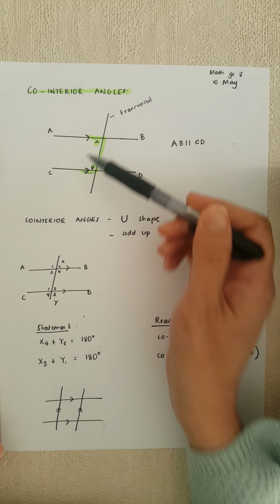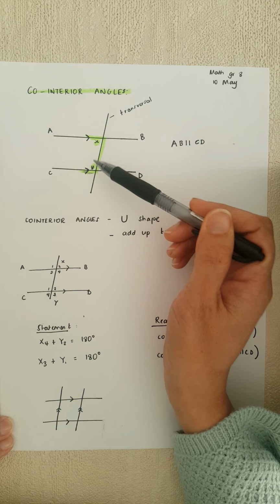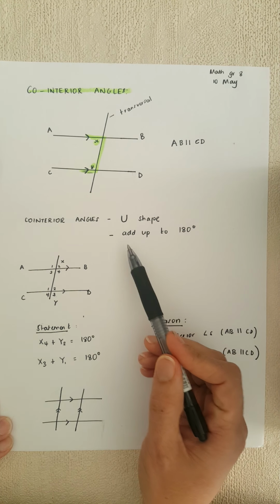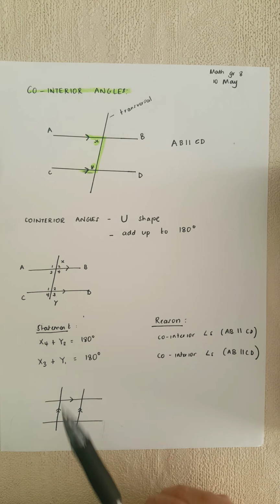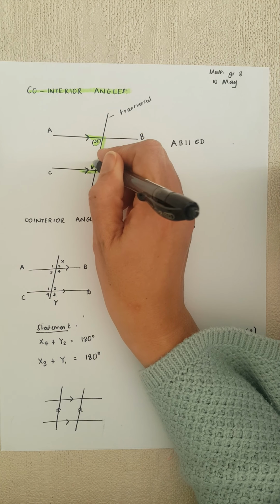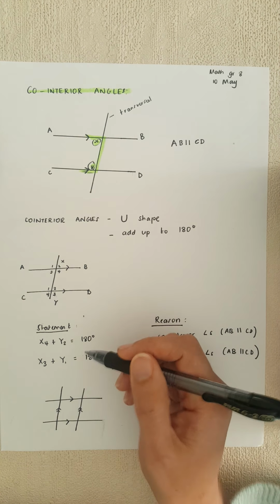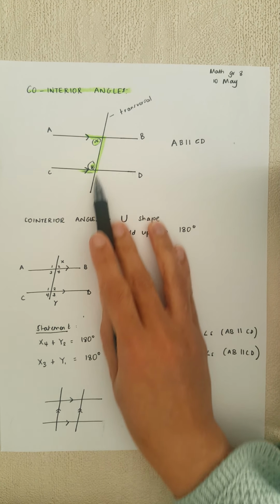There's a rule about the angles inside this U. If we look at angles X and Y, we can say that they add up to 180 degrees. So what are we saying when we have co-interior angles? Co-interior angles are angle X and angle Y. Why are they co-interior? Because the lines are parallel and there's a line cutting through.